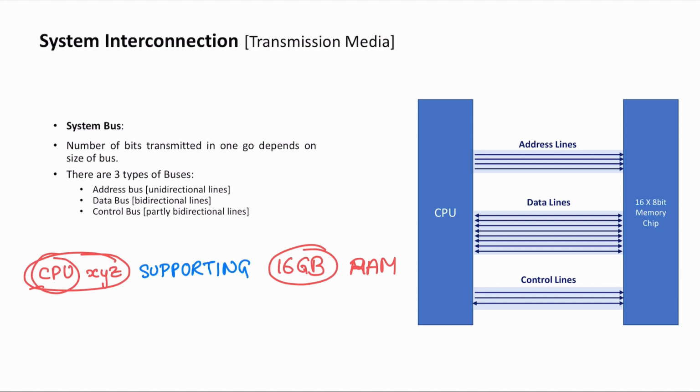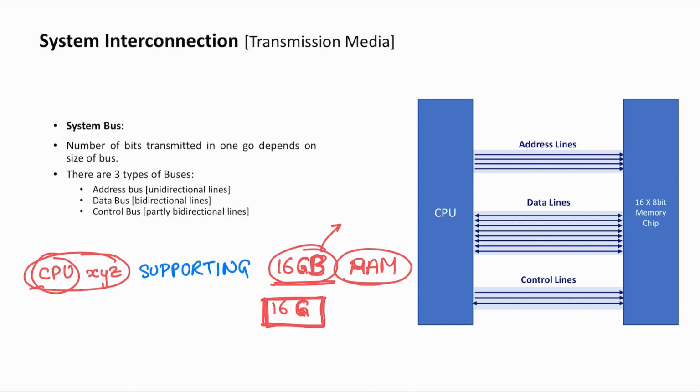16 GB of RAM, what does it mean? Since it is represented like this, B means byte, so this RAM is byte addressable. That means there are 16 giga addresses, 16 giga cells.